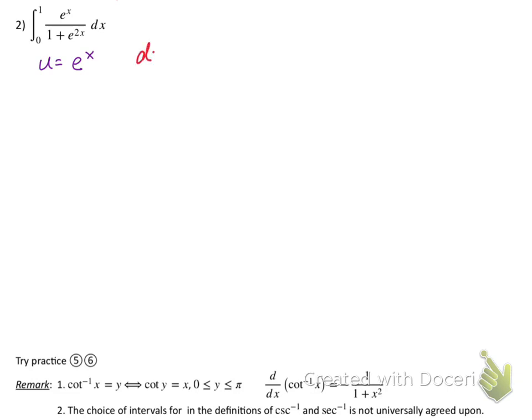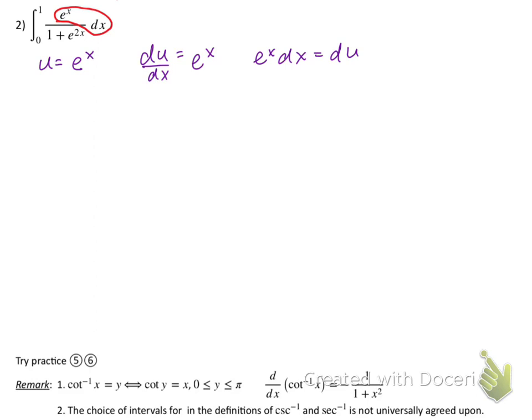Not only that, but also, when I do that, this is my du. du dx is e to the x, or rather, e to the x dx is du. So not only did I take care of the denominator, but the numerator will also be absorbed. The numerator will just be the derivative that comes out from u.